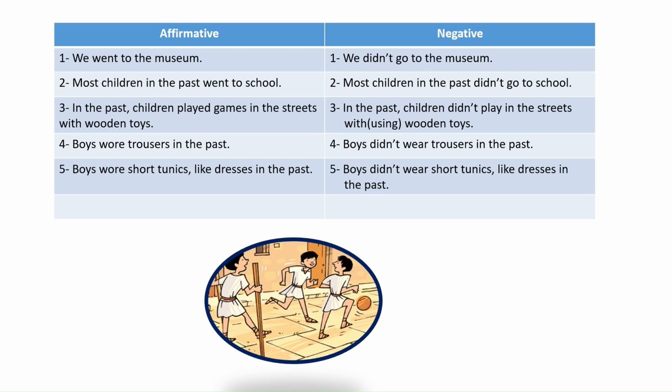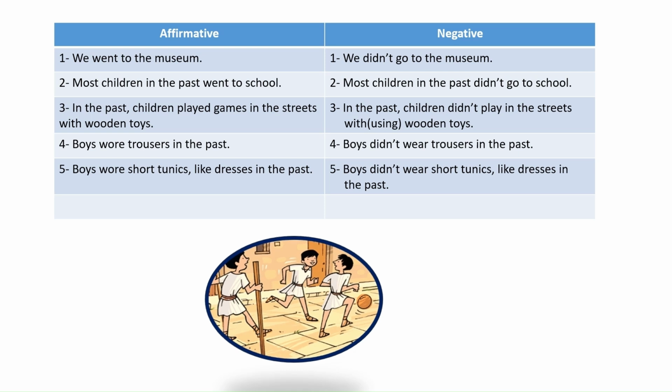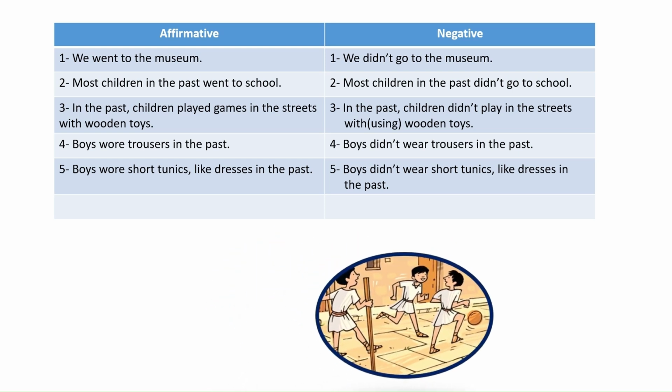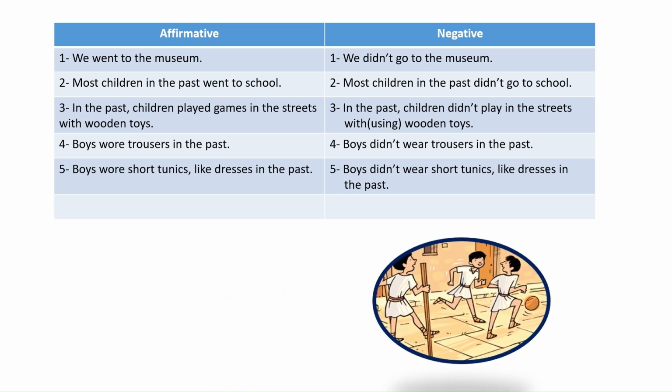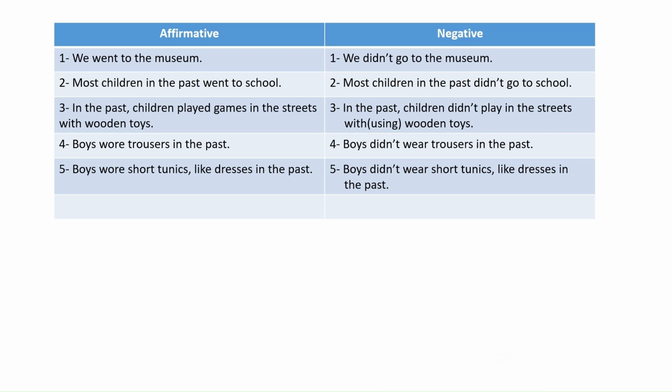Negative: in the past, children didn't play in the streets with wooden toys. 4. Affirmative: boys wore trousers in the past. Negative: boys didn't wear trousers in the past. 5. Affirmative: boys wore short tunics like dresses in the past. Negative: boys didn't wear short tunics like dresses in the past.